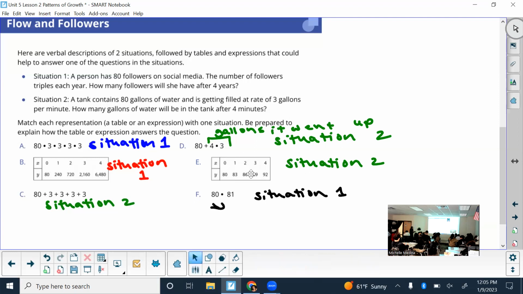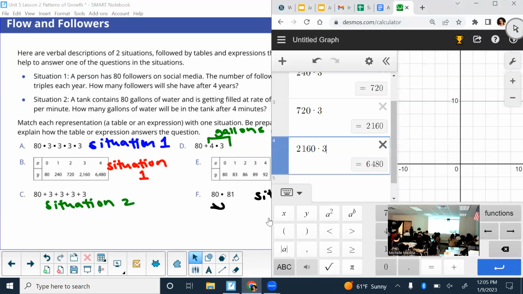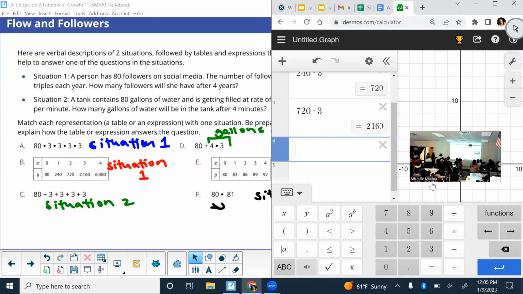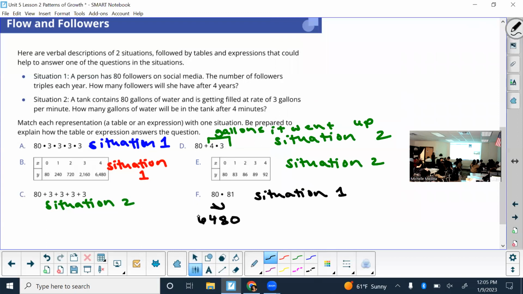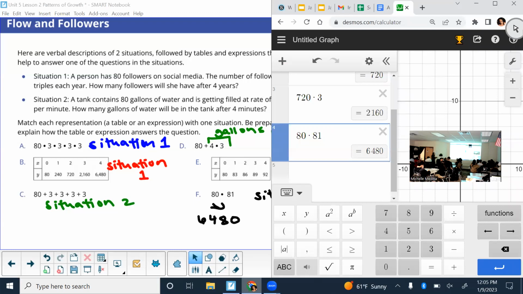Let's see, what is 80 times 81? And did you find the answers to the problem first and then see if it matched up? How did you figure that out? Well, I just multiplied it and then matched it to the table. You think that number is in the other one. Good, it is in the table.